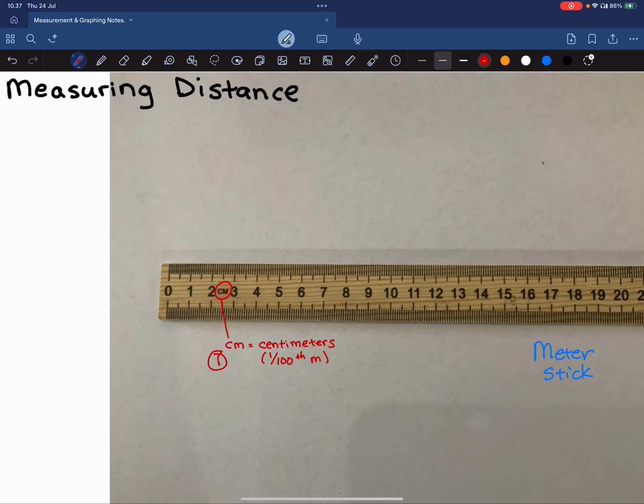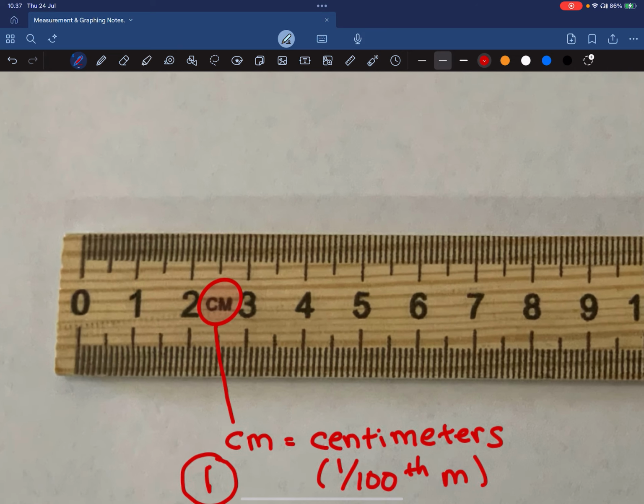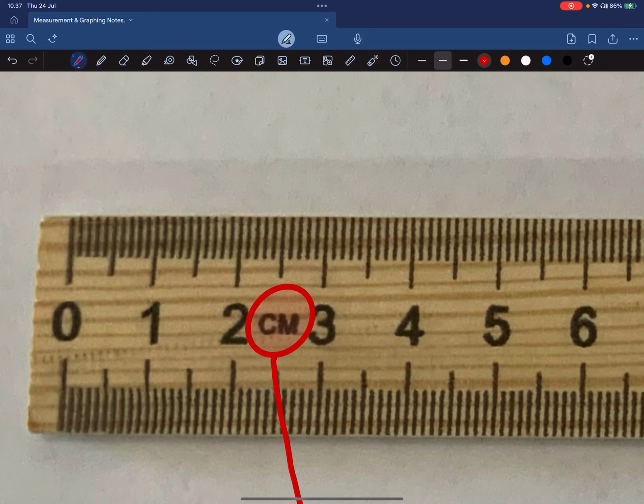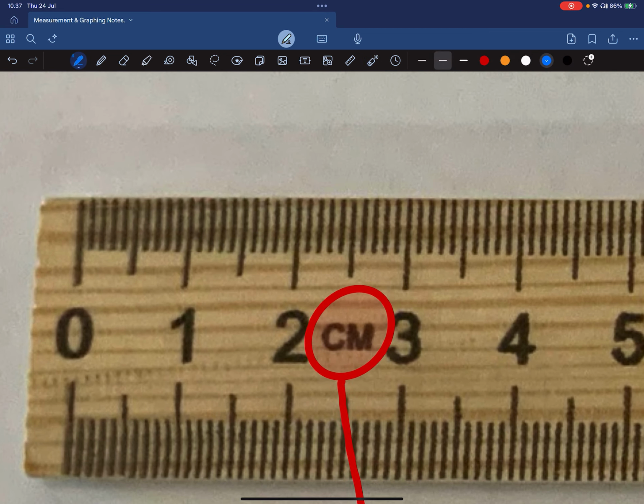All right. Second thing you need to do, you need to figure out what the little lines are. Okay? So these right here, you need to know what those increments are. All right? So for example, if I'm looking at that right there, I need to know how big that is.